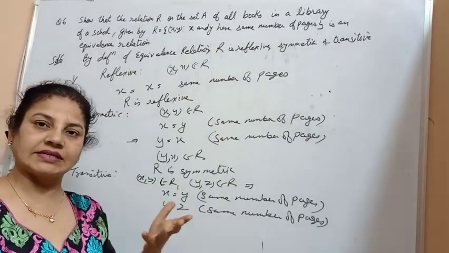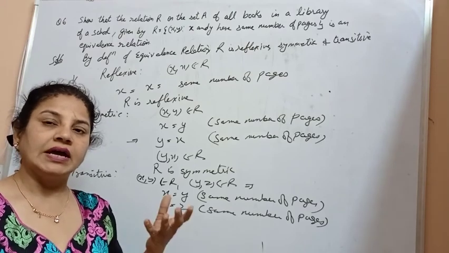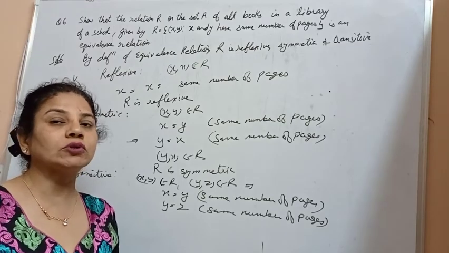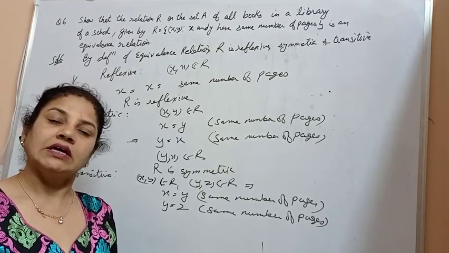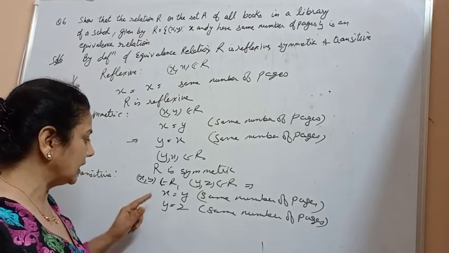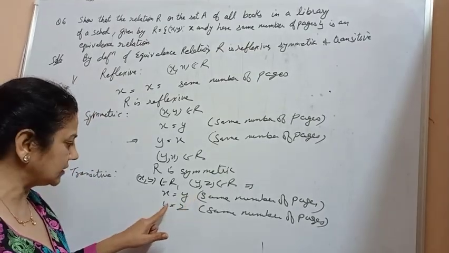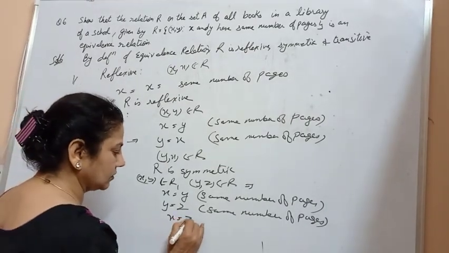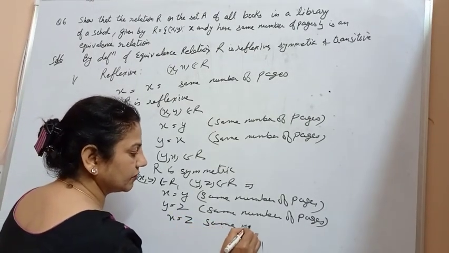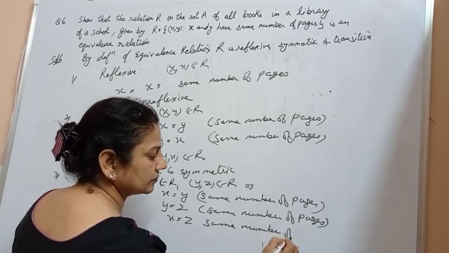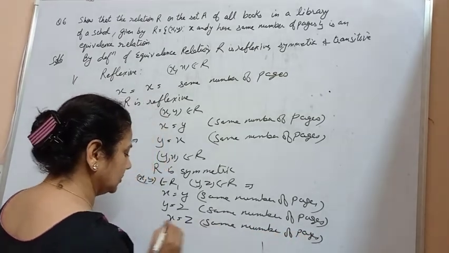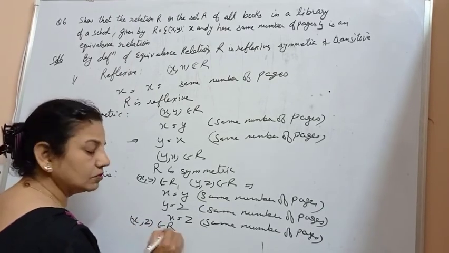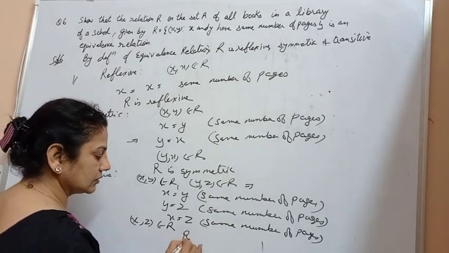I have taken X as a mathematics book and Y as a chemistry book. X and Y, maths and chemistry, both have the same number of pages, 250. I take another book, a third one Z, physics. It also has 250 pages. Then X, Y, 250 pages is equal to 250 pages. So X is equal to Z, same number of pages. So we say that (x, z) also belongs to R. So R is transitive.